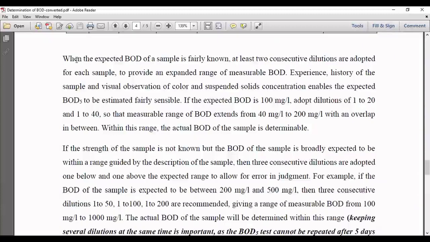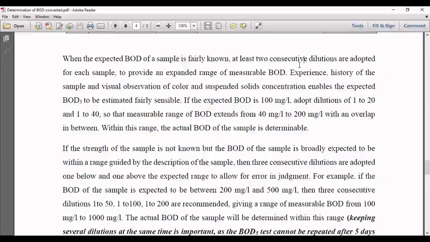When the expected BOD of a sample is not fairly known, at least two consecutive dilutions are adopted for each sample to provide an expanded range of measurable BOD. So if we don't know the literature value of the BOD, or some sample has come into a laboratory for which we have to determine the BOD, and we don't know what the expected BOD is, what we are going to do is take at least two dilutions.